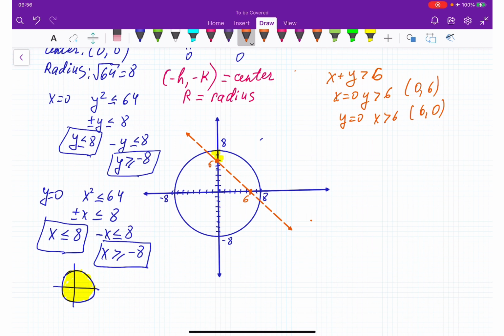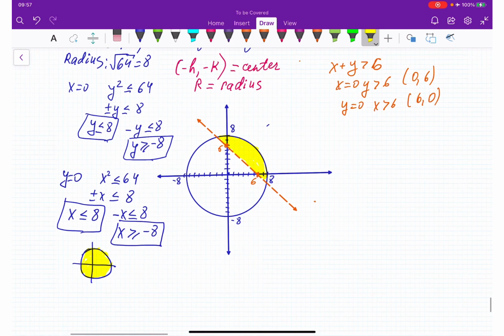Okay, so greater than 6, and x is greater than 6. So what's going to happen? It looks like this piece is going to be the solution, only limited by this. All this shaded area of the circle will be limited by this small sector. And that will be your answer.